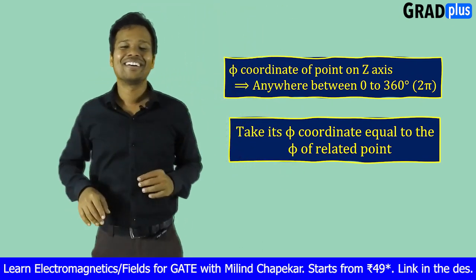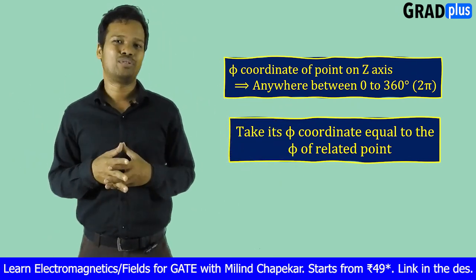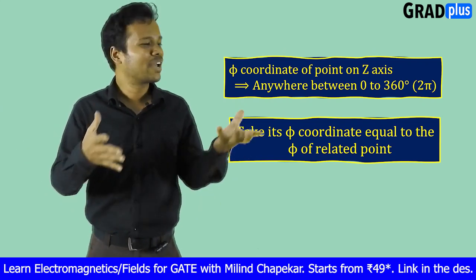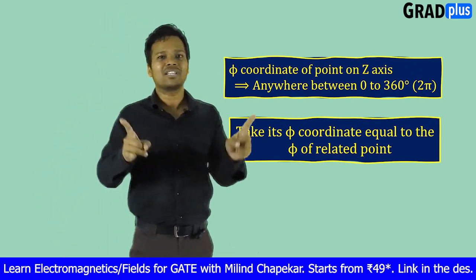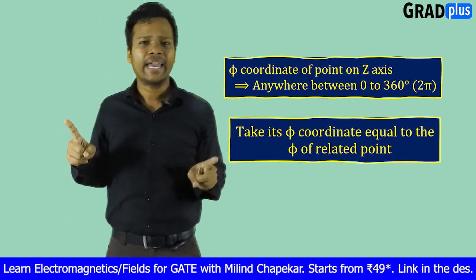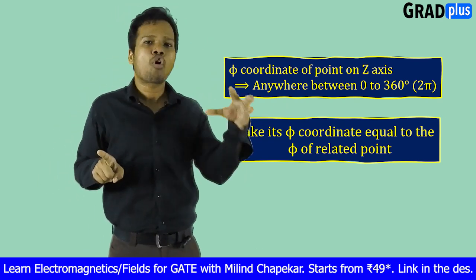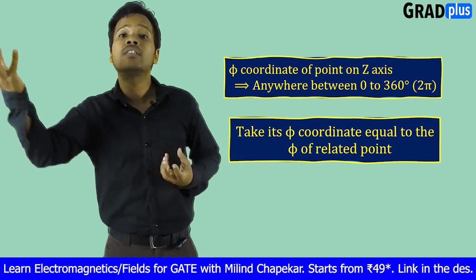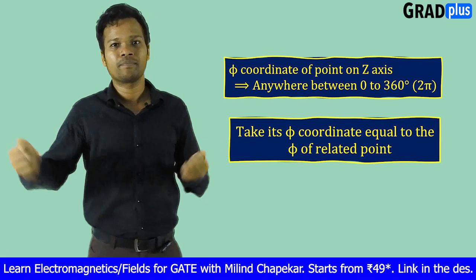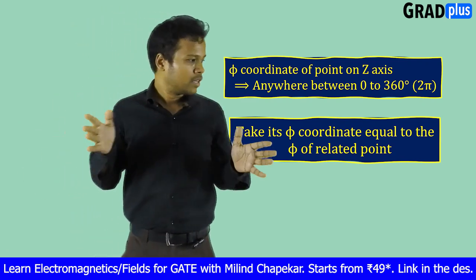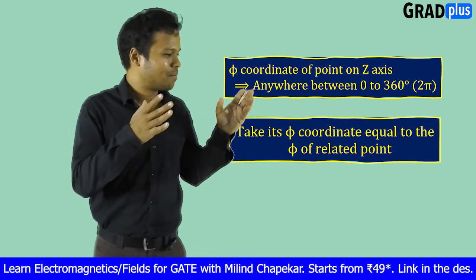In that case, your calculational complexity will be much reduced, and you can easily find the distance between these two points. So remember that though you can take phi value anywhere between 0 to 2 pi, you should copy its phi value from the other related point. Okay, very simple. So this is how you handle the phi coordinate of any point present on the z-axis.